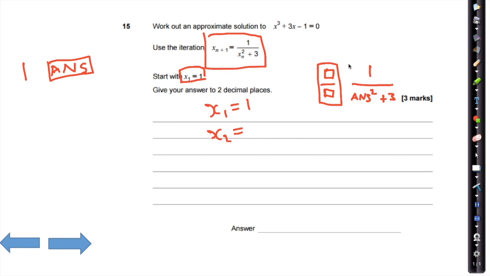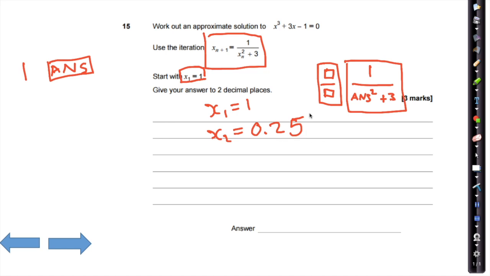If you've made ANS come up as the number 1 in this case, because that's what x subscript 1 was, then all you have to do now is press equals. You should find that it is 0.25.